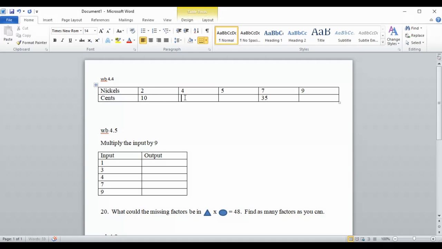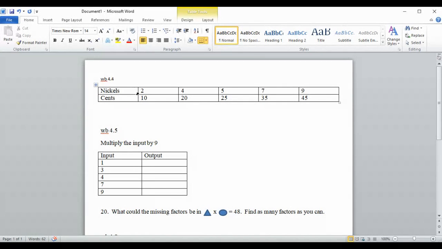And then 4 nickels would be 4 times 5, which would be 20 cents. And 5 nickels would be 5 times 5, 25 cents. And 9 nickels would be 9 times 5, which would be 45 cents.